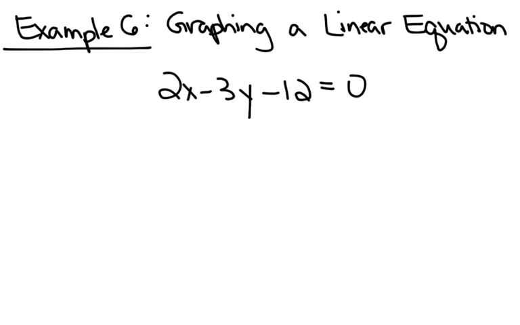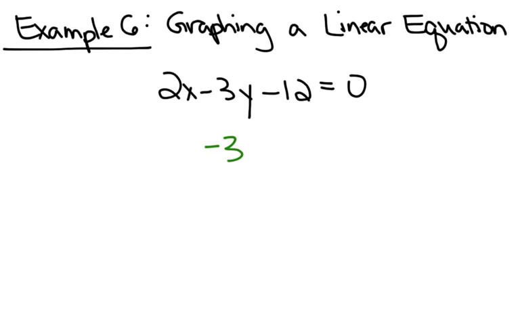Well, how would I graph this problem? One of the easiest ways to graph a line is if you know its slope and y-intercept. But this equation isn't in that form. So what should I do? Well, how about we solve it for y? Now, I'm going to skip steps with the understanding that you know what I am doing.